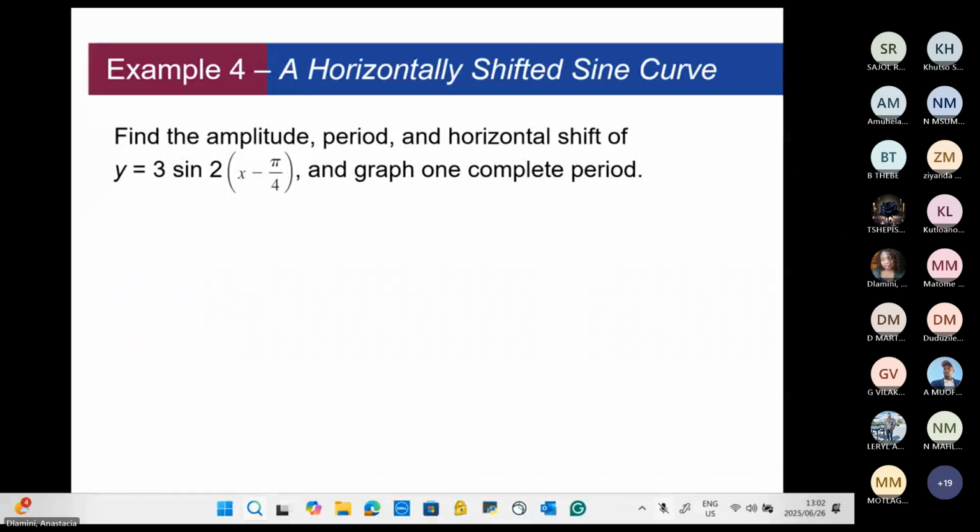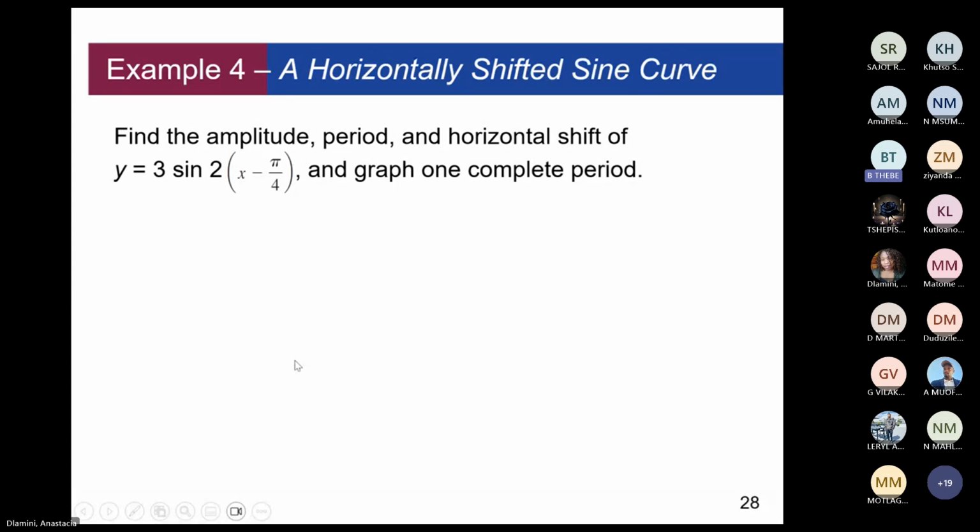But remember, use the formula: interval is your period over 4. So 2 pi over 2 is pi, so it's going to be pi over 4. But the easiest way is to just take the thing in the brackets and equate it to 0, that's your interval.